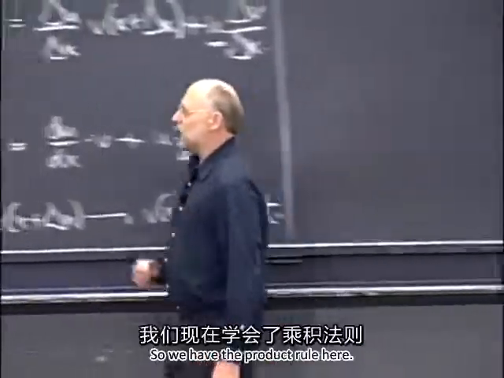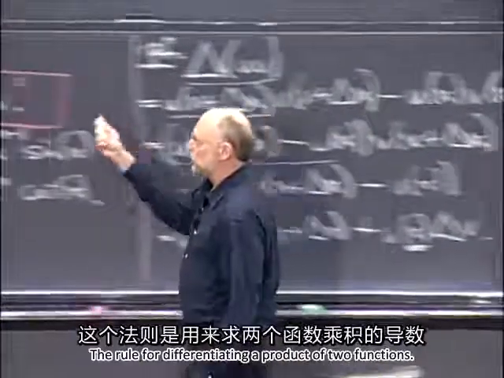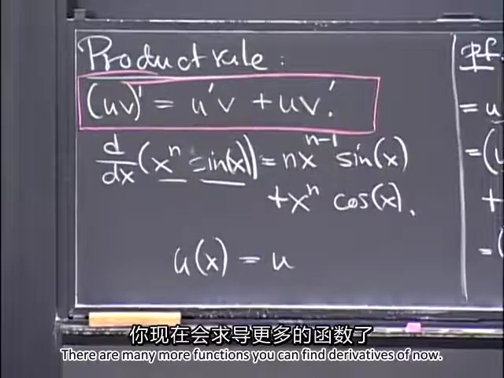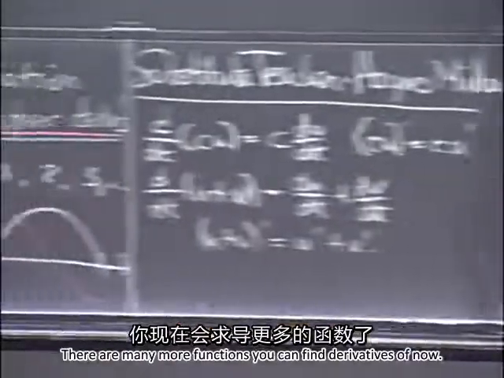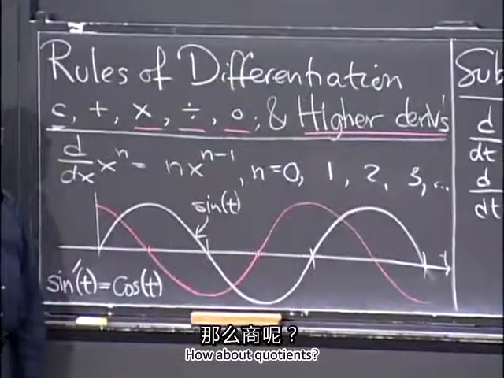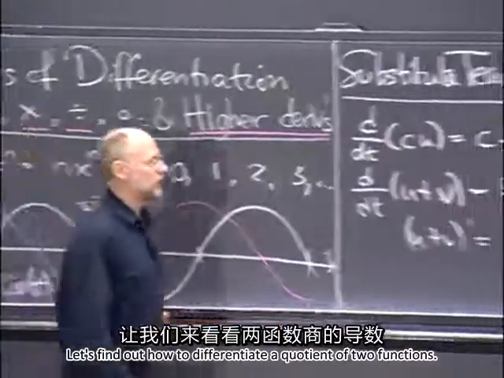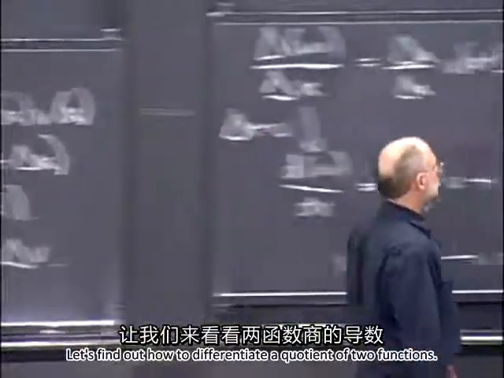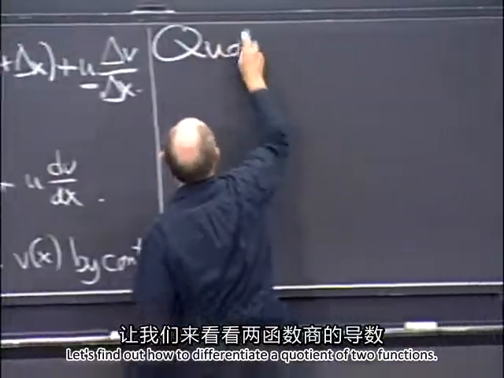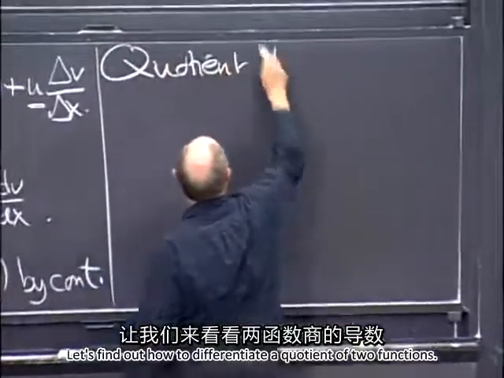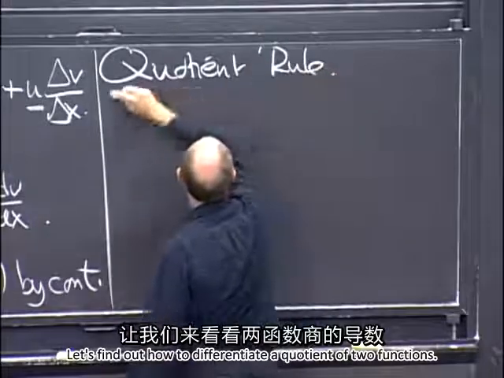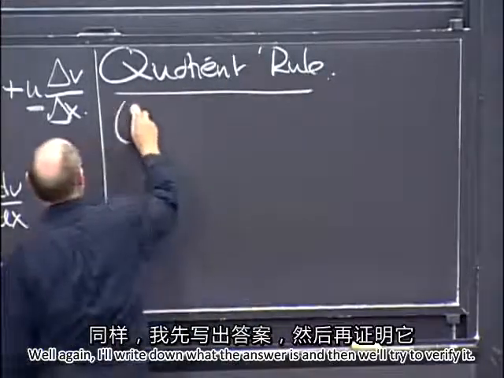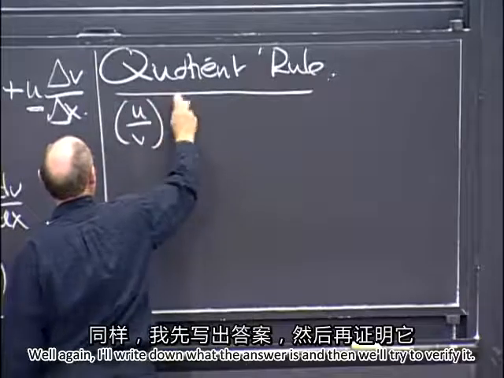So, all right, we have the product rule here, the rule for differentiating a product of two functions. This is making us stronger. There are many more functions you can find derivatives of now. How about quotients? Let's find how to differentiate a quotient of two functions. Well, again, I'll write down what the answer is, and then we'll try to verify it.